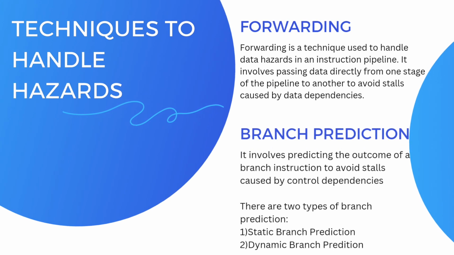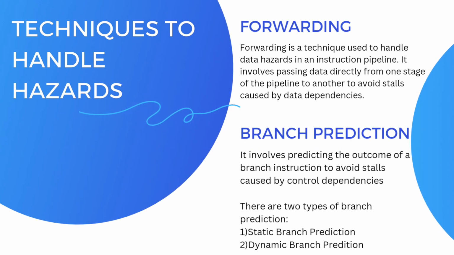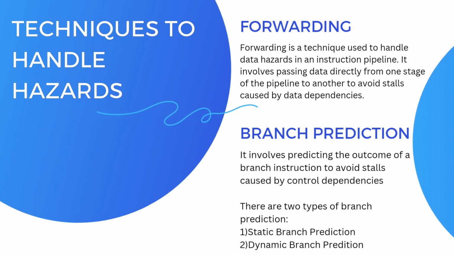For example, if the opcode is a conditional jump instruction, the pipeline can assume that the branch will be taken or not based on the condition. Second, dynamic branch prediction. This involves predicting the outcome of a branch based on the history of the program. There are several types of dynamic branch prediction techniques, such as two-level adaptive branch prediction and neural branch prediction. These techniques use the history of the branch outcomes to predict the outcome of the future branch.